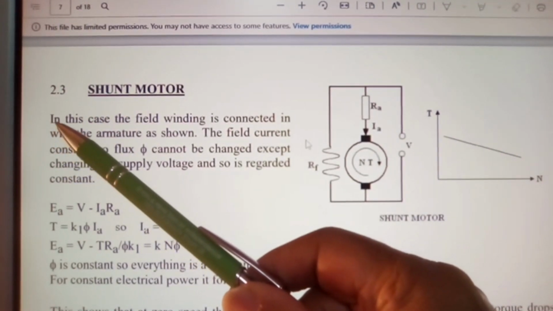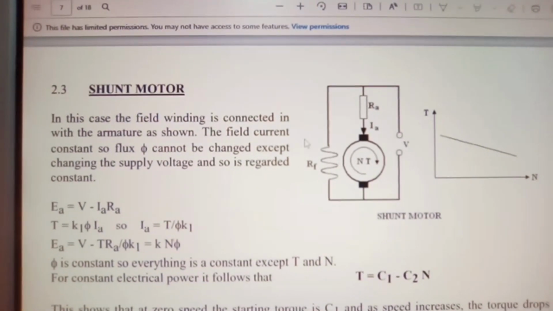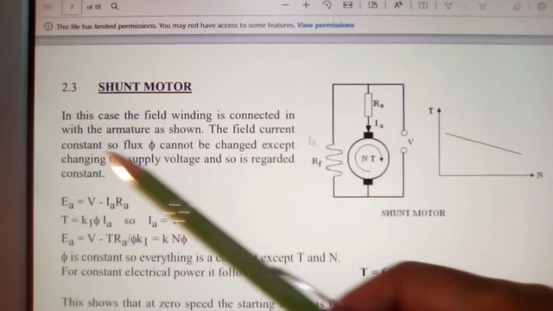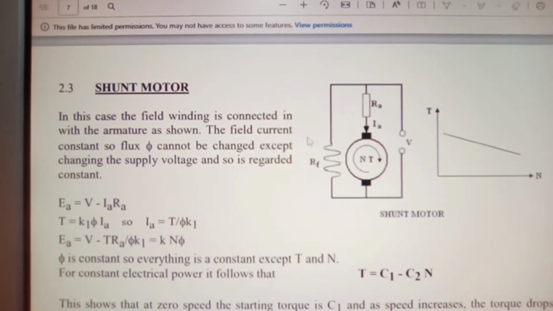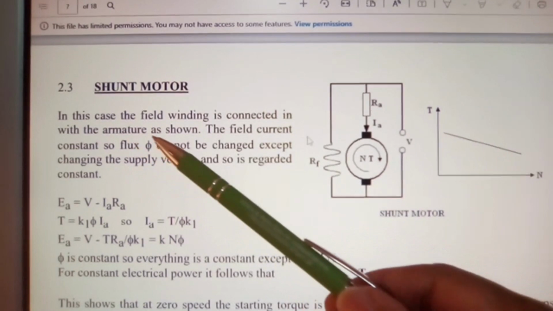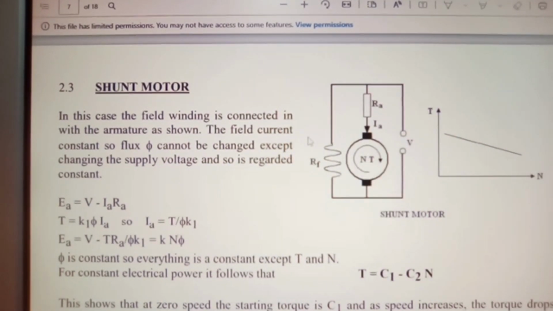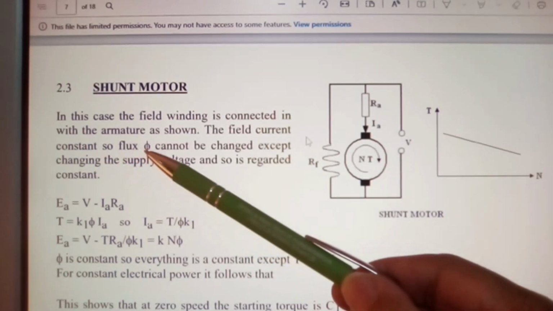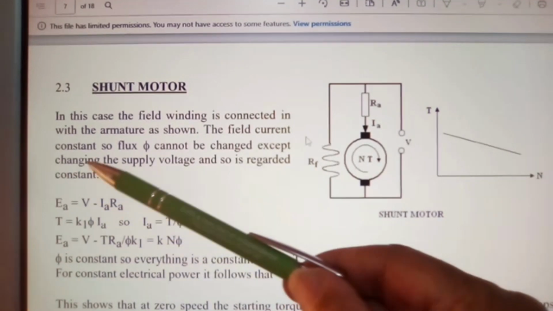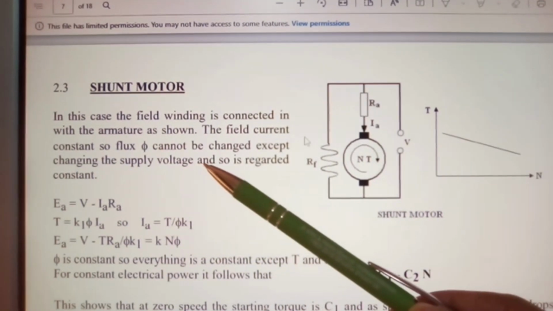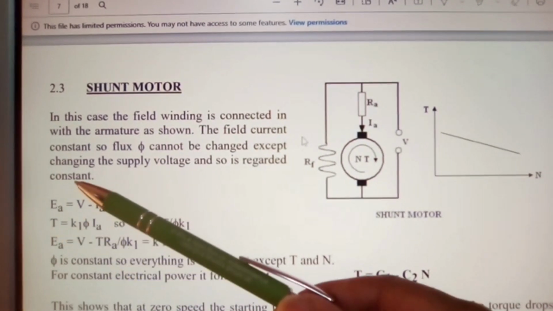In this case, the field winding is connected in parallel with the armature as shown. The field current is constant, so flux theta cannot be changed except by changing the supply voltage, and so is regarded as being constant. Let me run that again. My apologies, I missed a bit.